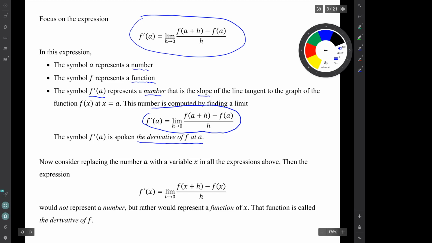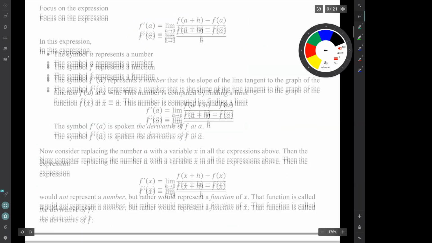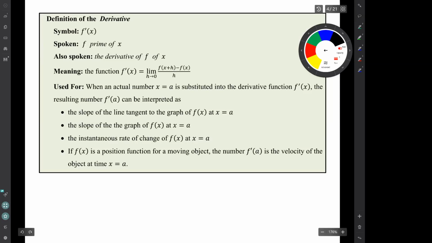Now consider replacing the number with a variable x. Then this expression would not represent a number, but it would represent a function of x. That function is called the derivative of f. So here's the definition.